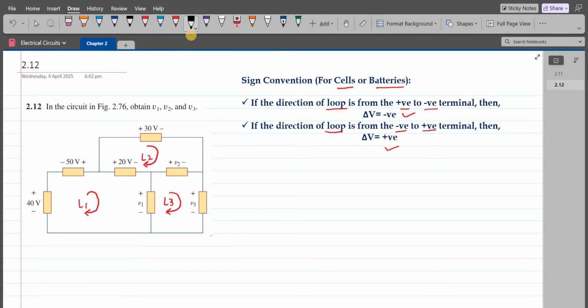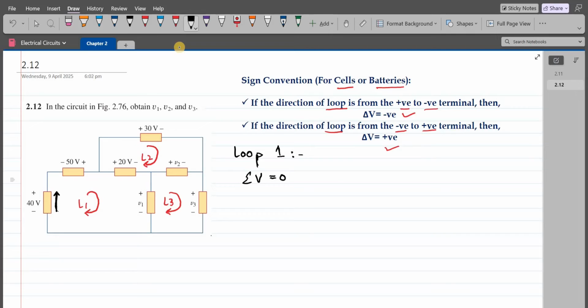So starting from loop 1, we will apply the KVL, that is, the algebraic sum of all the potential differences in a closed loop is 0. I want you to analyze the movement of loop L1. The loop L1 is moving in the clockwise direction. As it is moving from the 40 volts, it is moving from the negative to the positive terminal.